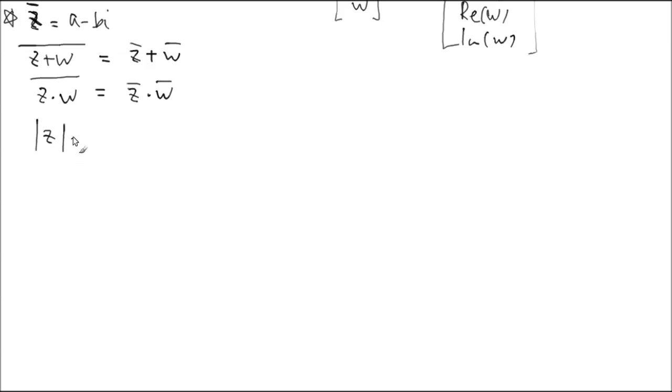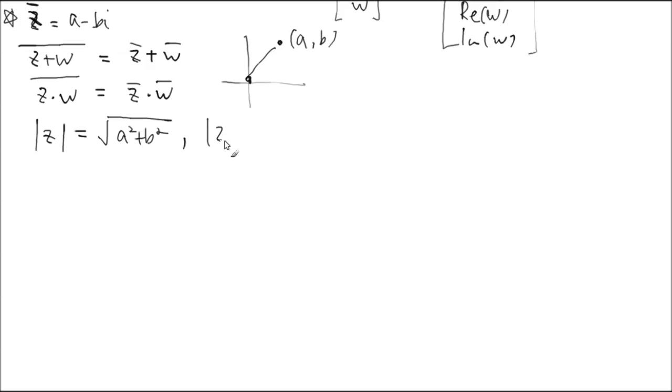Remember this absolute value of z? It's the length of a vector, if you interpret z as a vector, right? So this one was the square root of a squared plus b squared. So here's the vector (a, b). The length of this vector, you probably did that in Calc 3. That is also applicable to the complex number when you identify it in the xy plane. Right? And also there's a neat connection.